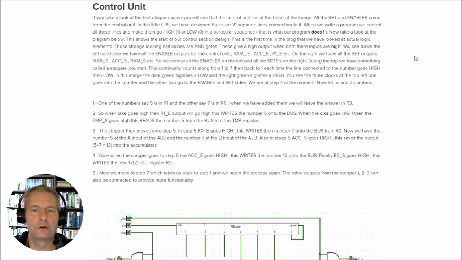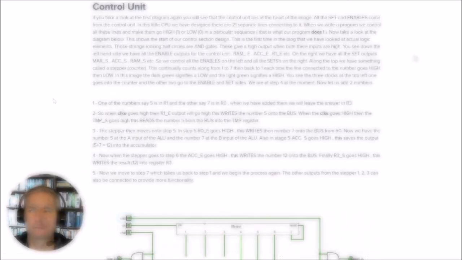When we write a program, we control all these lines and we make them go high, that is a 1, or make them go low, that is a 0, and we make them do it in a particular order or sequence. Now this is what we call our program. So our program is simply the sequence of zeros and ones which control these sets and enables.